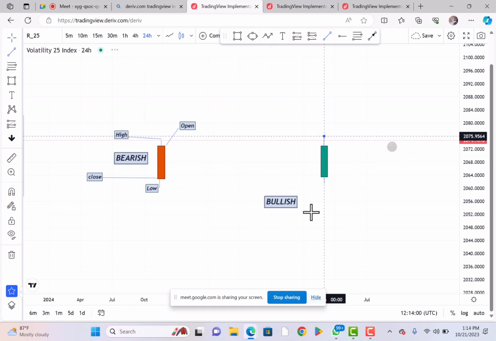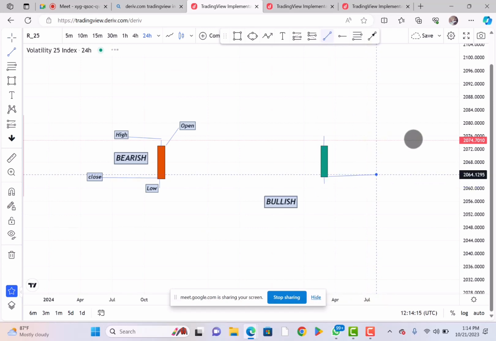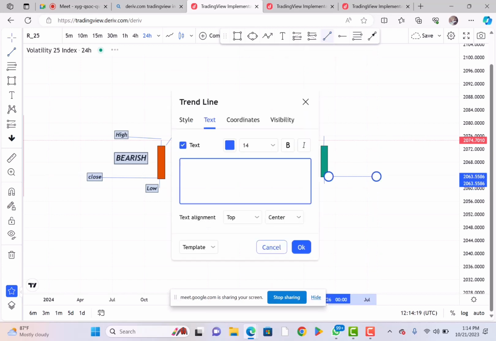Okay, so this is how the bullish candle looks. Here, the opening of the candle is here. I can just type it as open.